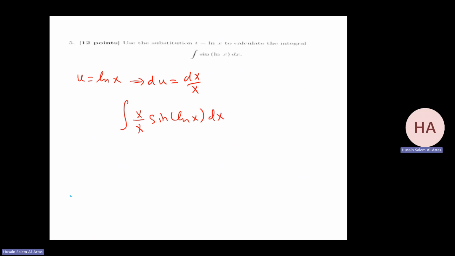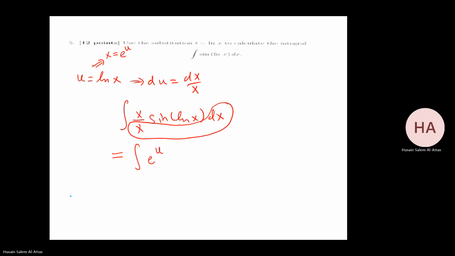If u equals ln x, then x will be e to the power u. So this one is du, and x is e to the power u, sine u du.